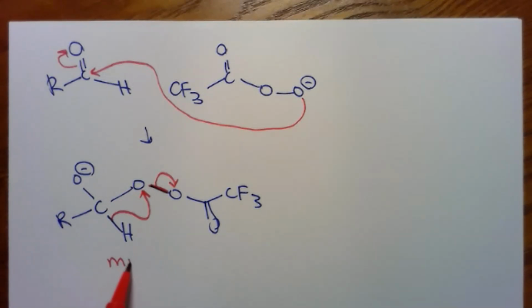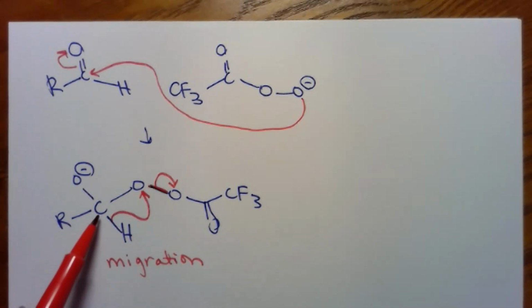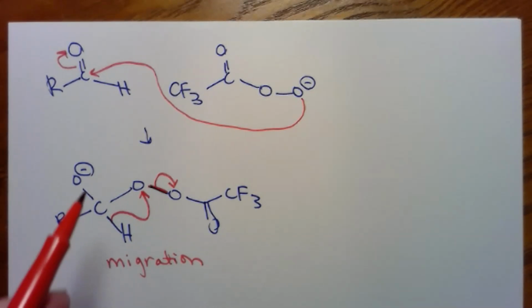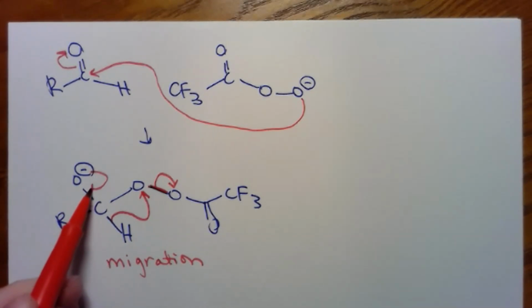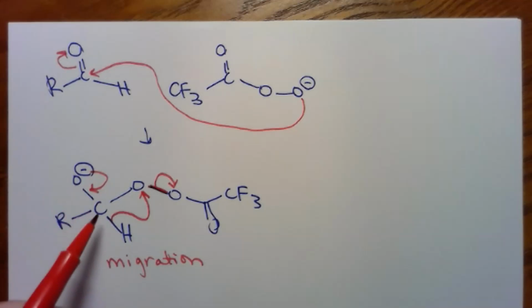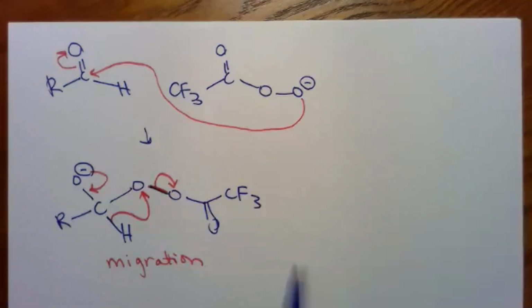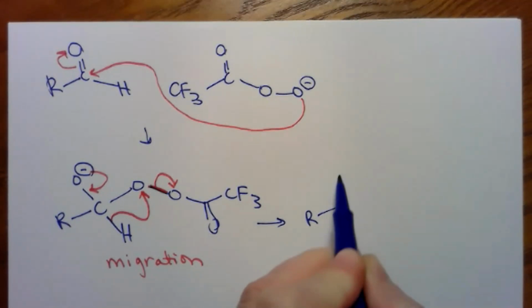We call this step a migration most of the time in this Baeyer-Villiger oxidation. So the hydride can migrate next door. That would leave the carbon without enough electrons, so the oxygen can fold back down to reform a double bond between the carbon and the oxygen, making us this product.